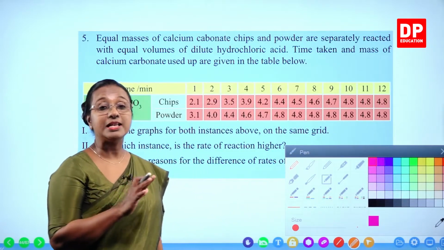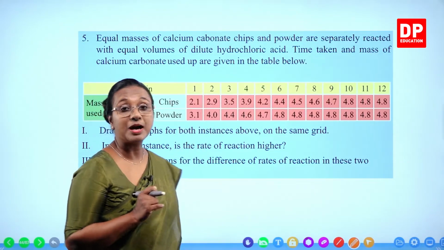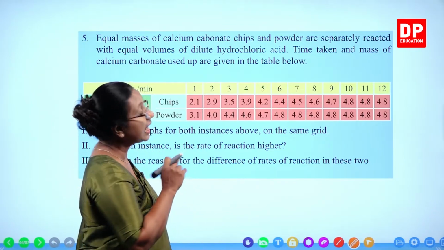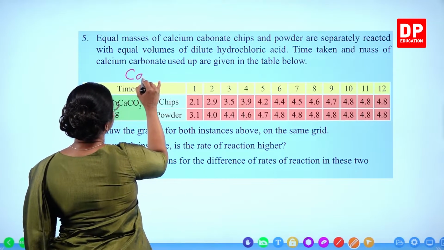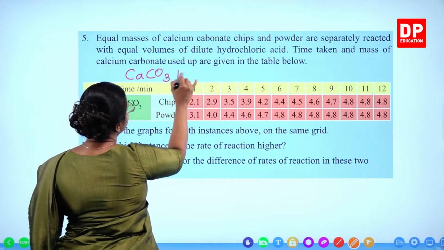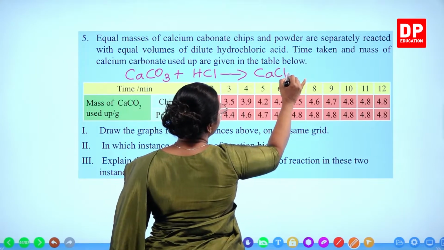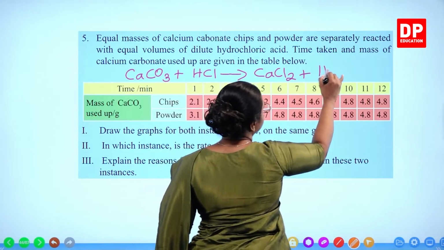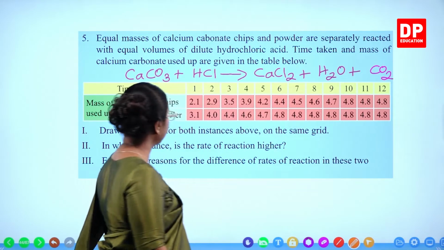You can all remember, I did it in the lab also. Pieces of calcium carbonate or calcium carbonate chips and calcium carbonate powder. What is the reaction? Calcium carbonate with hydrochloric acid. What happens there? Calcium chloride, water, and evolving of carbon dioxide.